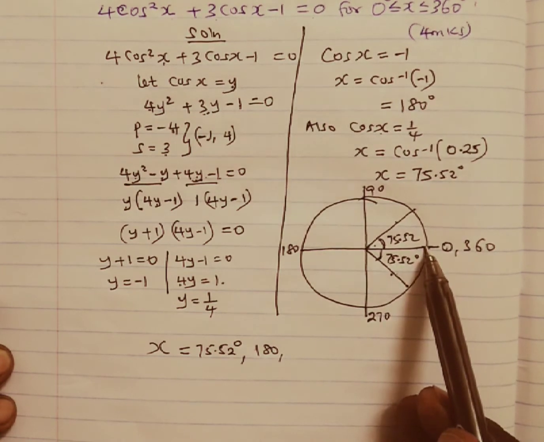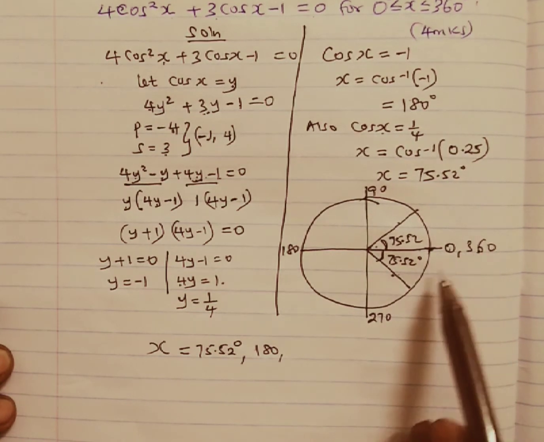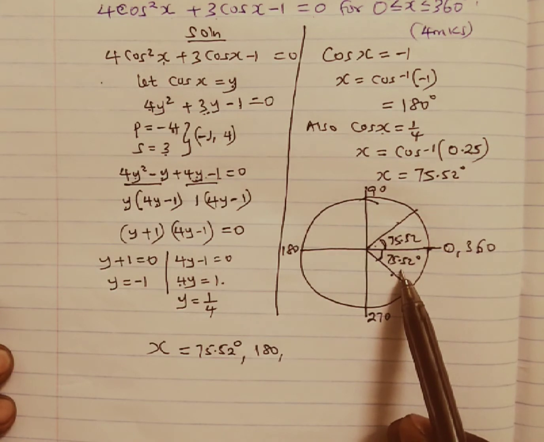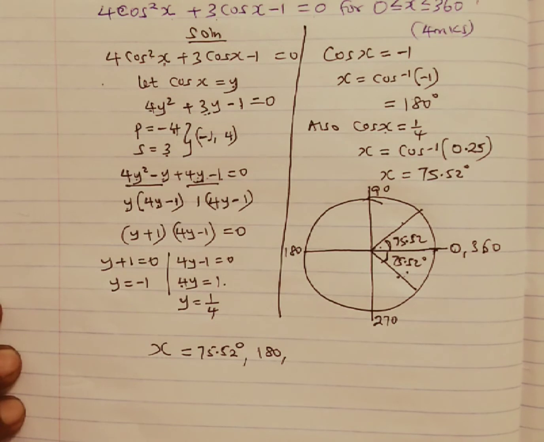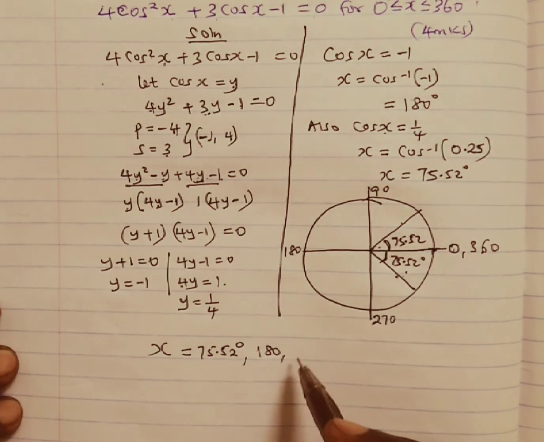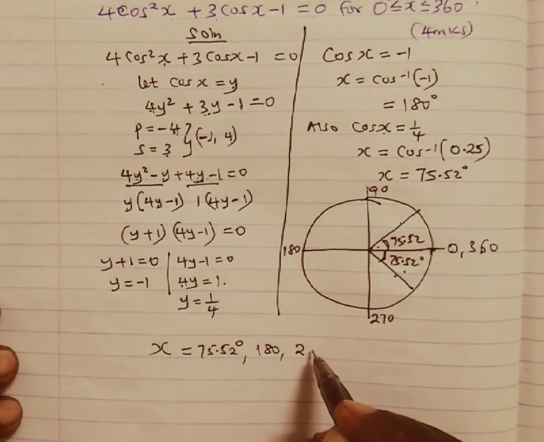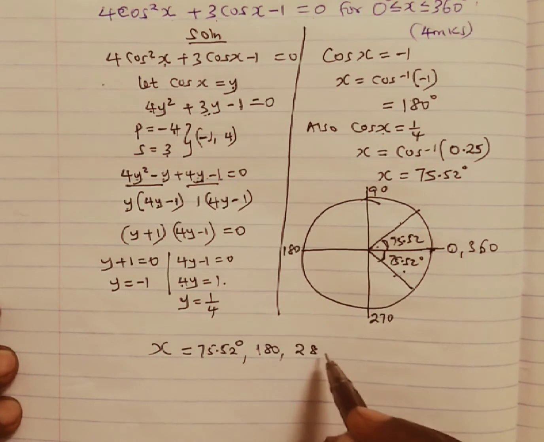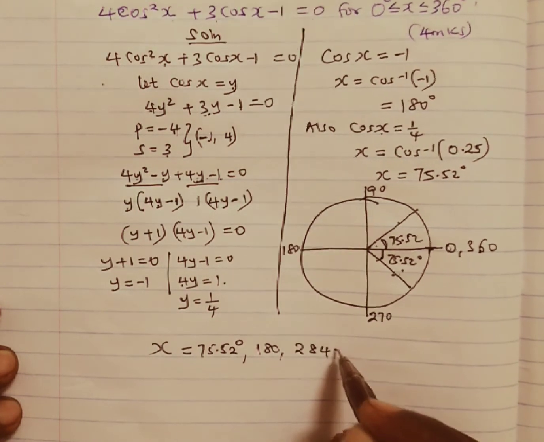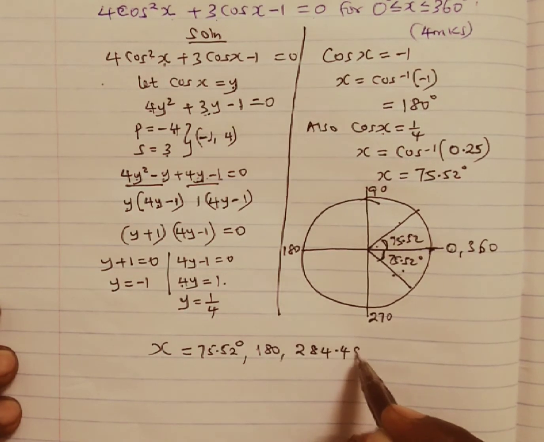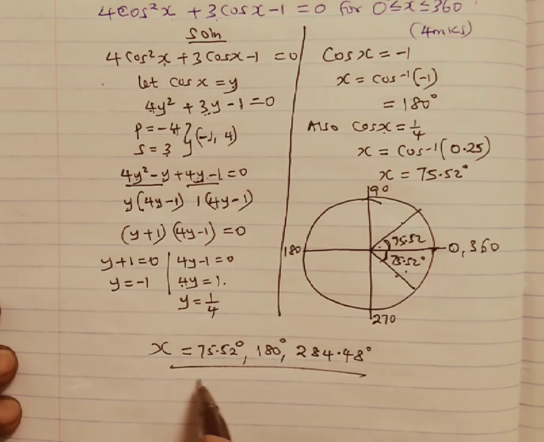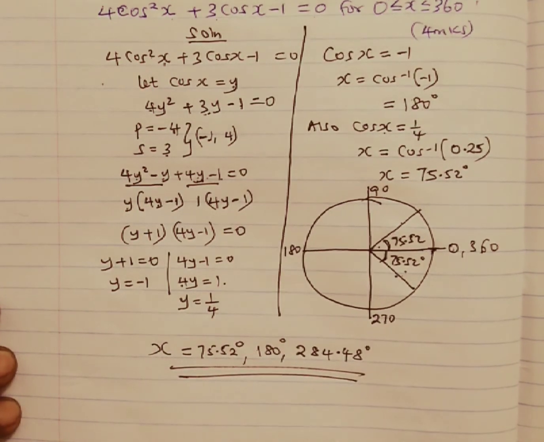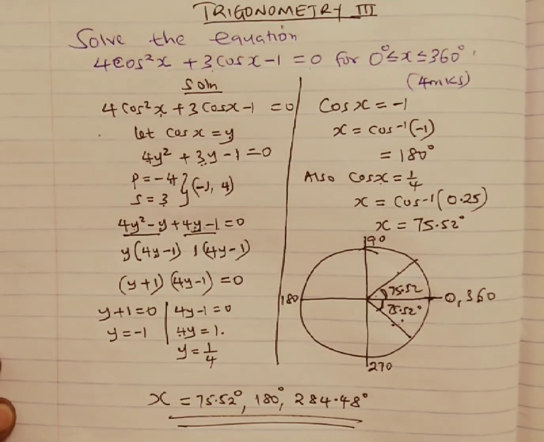So this angle is 360 minus 75.52. If you take 360 minus 75.52, this gives us 284.48 degrees. And that now becomes the range of values of x that satisfy the given equation.